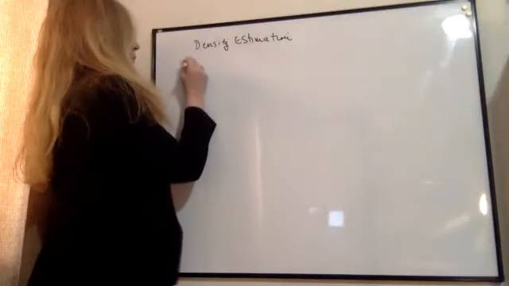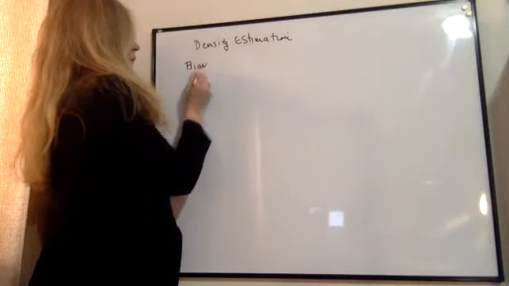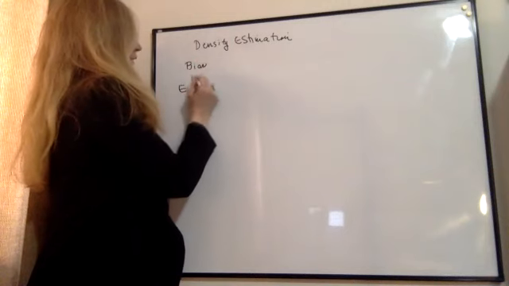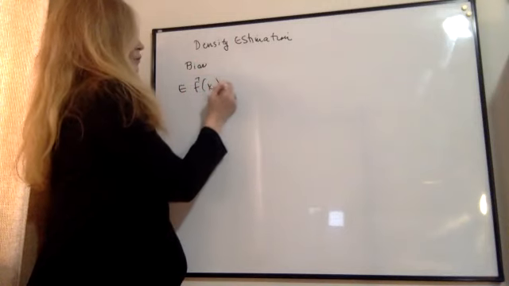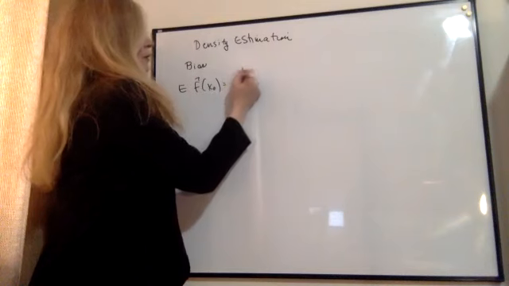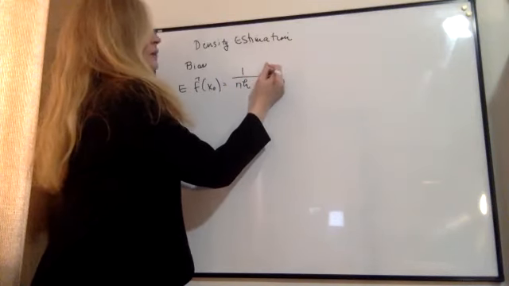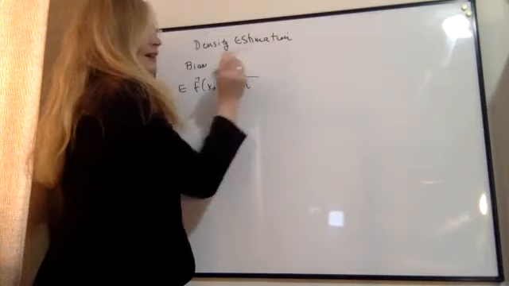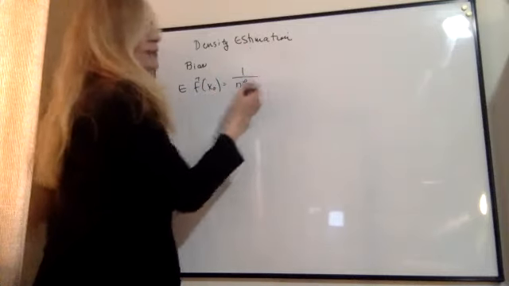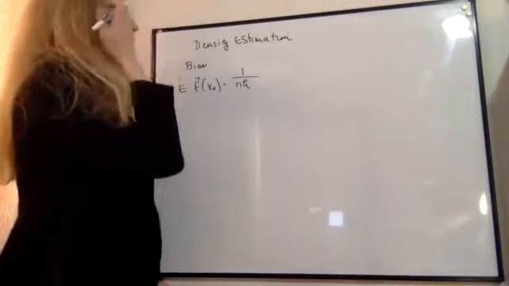So E of f hat of x naught is going to be 1 over nh times, we had a summation, but we're assuming the observations are independent.